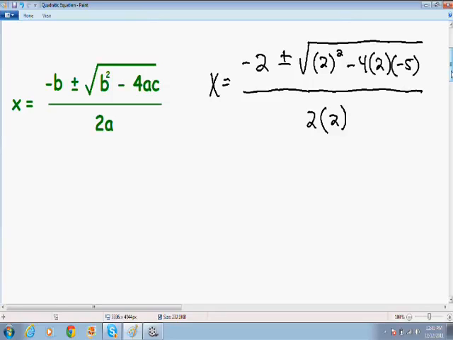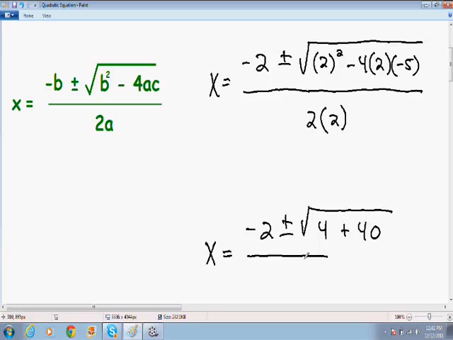The first thing I'm going to do is simplify the square root. I'm going to write everything else exactly the same, and just simplify the square root. 2 squared is just 4. Then we have a negative 4 multiplied by 2, which is negative 8. And negative 8 multiplied by negative 5 is positive 40.